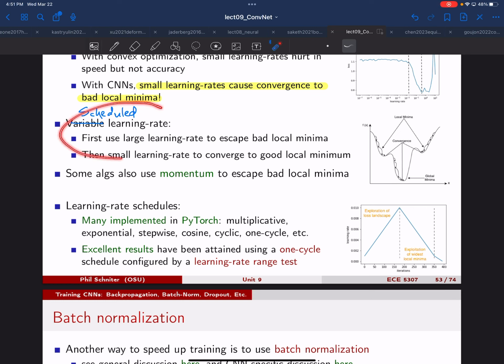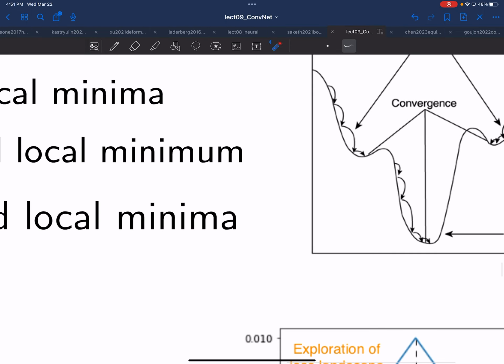Beyond this learning rate scheduling, another way to escape bad local minima is to use something like momentum. Momentum is something we saw, I think, in Lab 6. The idea is when you're going in a certain direction, even when your gradient says you should stop because it's 0, you have some momentum that keeps pushing you in the same direction.